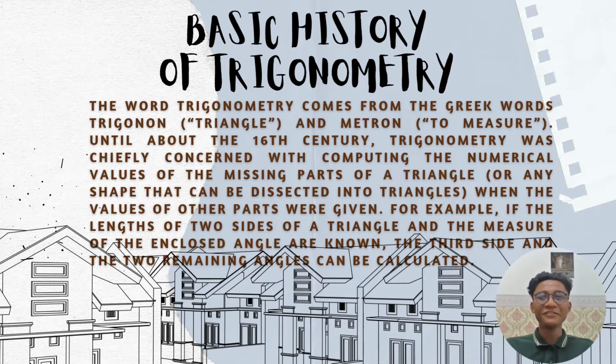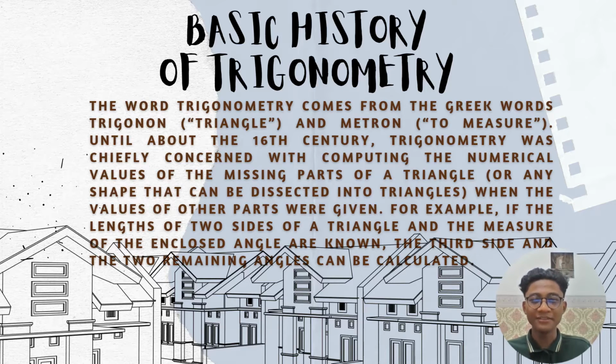Basic history of trigonometry. The word trigonometry comes from the Greek words trigonon, triangle, and metron, to measure. Until about the 16th century, trigonometry was chiefly concerned with computing the numerical values of the missing parts of a triangle or any shape that can be dissected into triangles when the values of other parts were given.